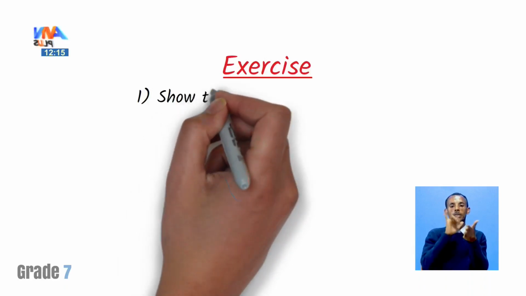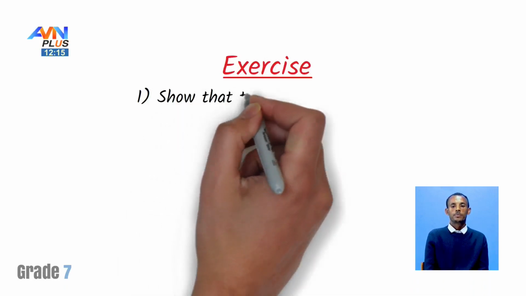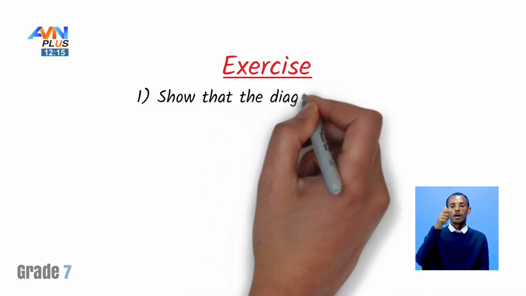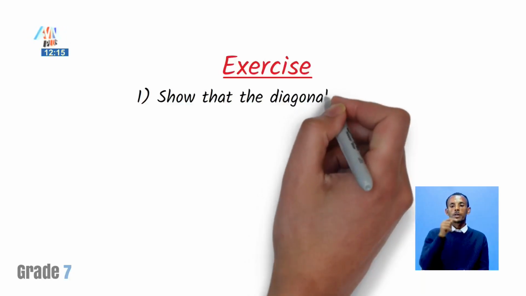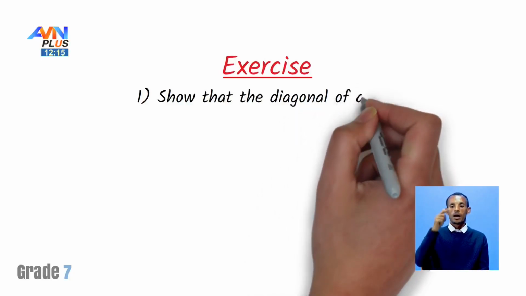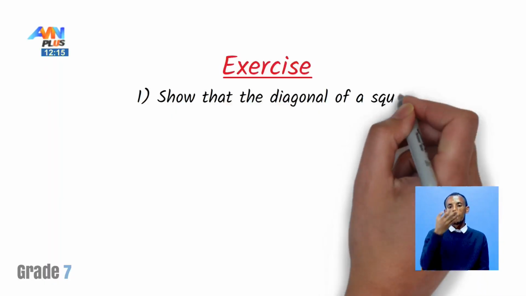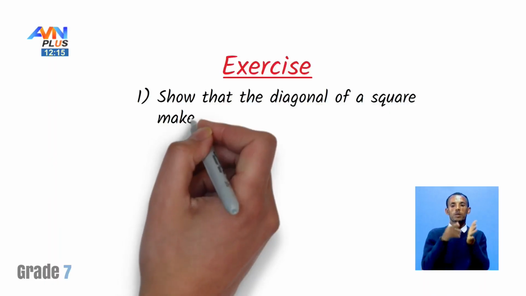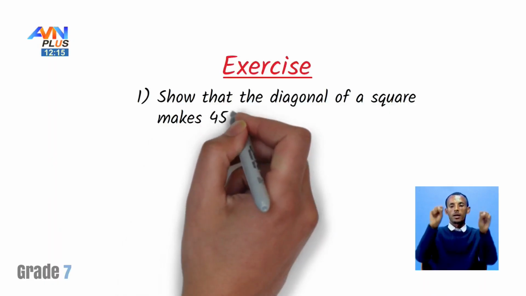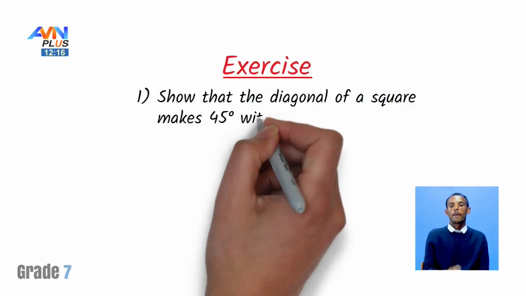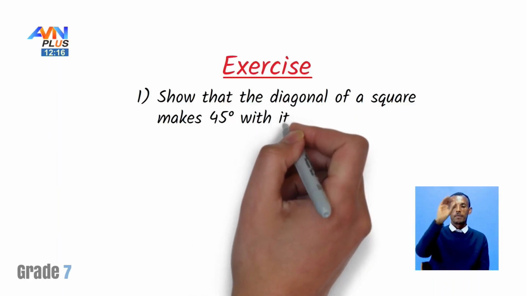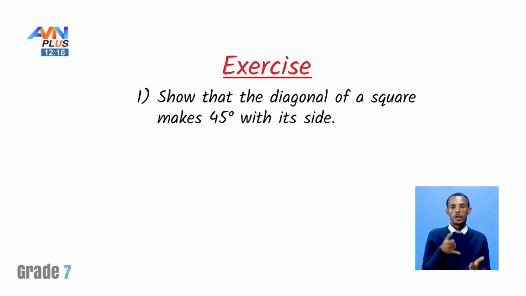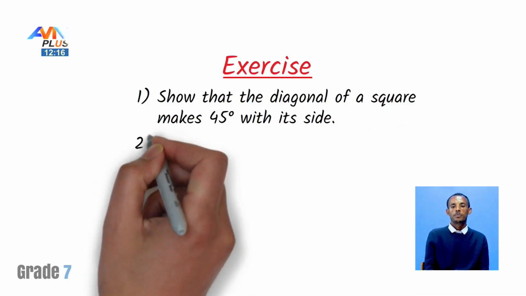Show that the diagonal of a square makes 45 degrees with this side. 2.